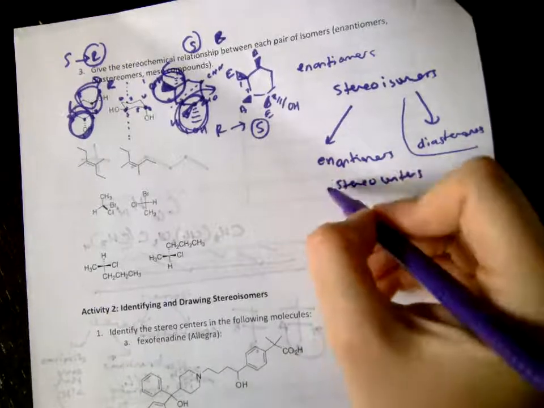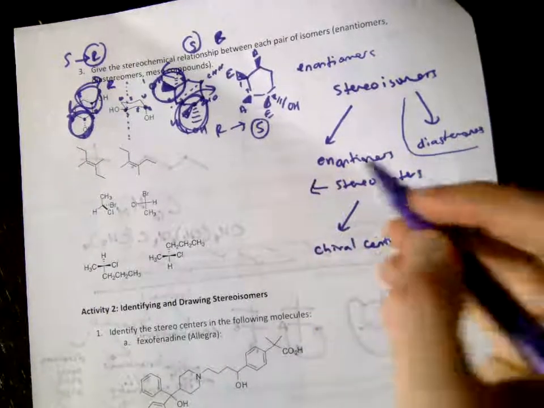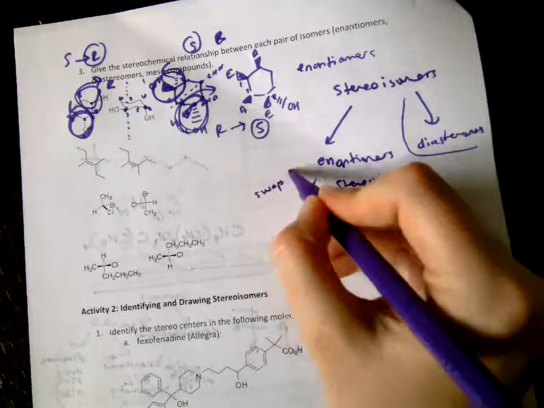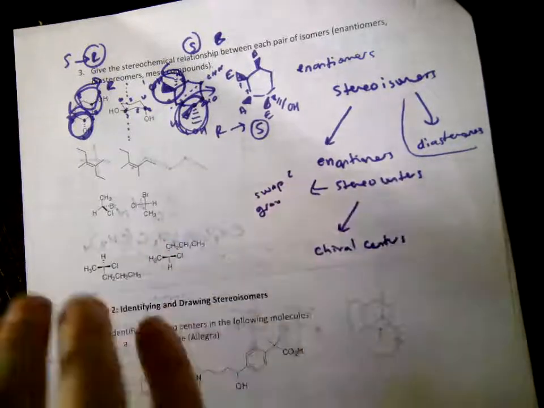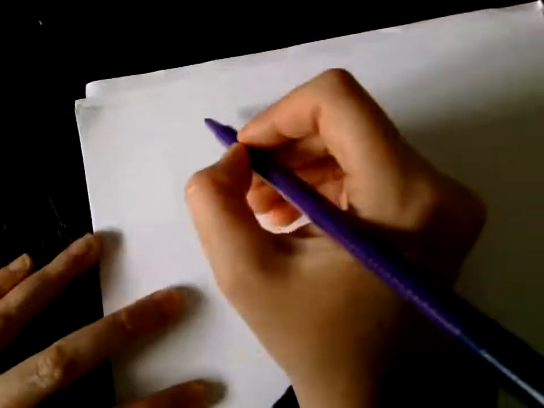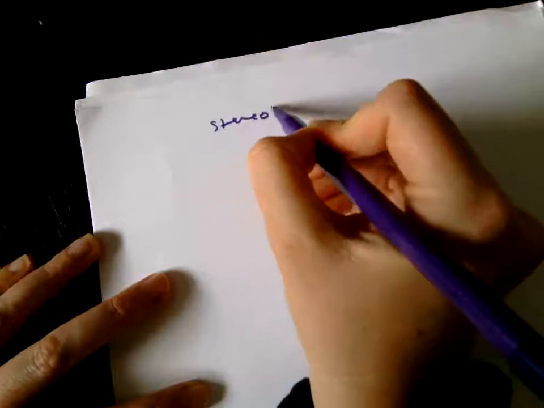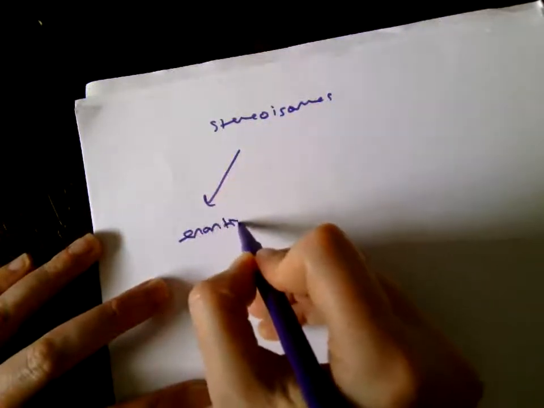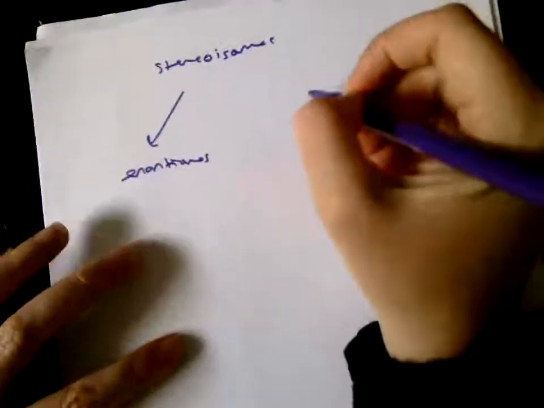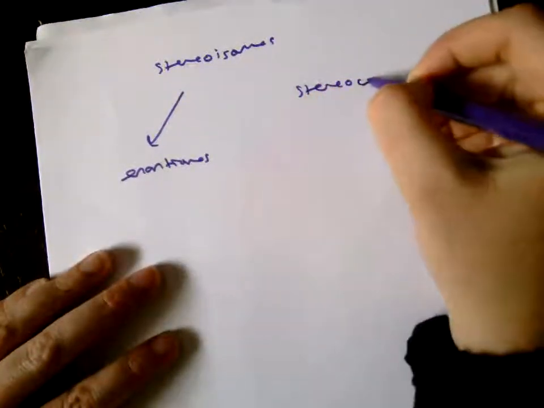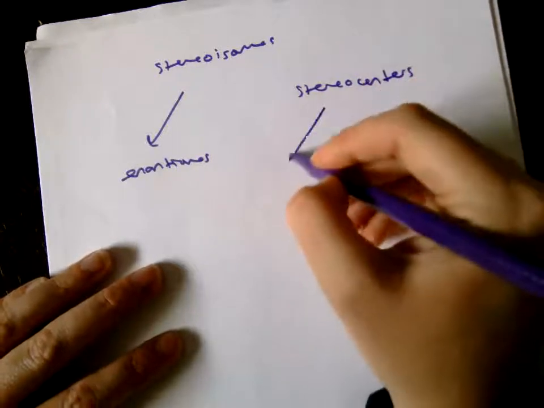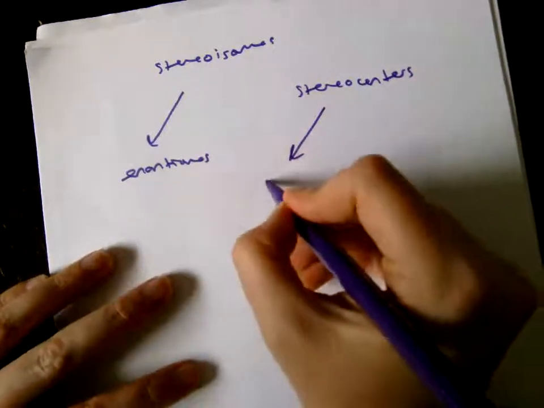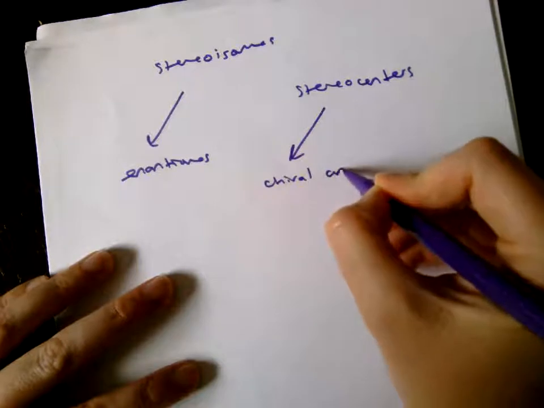A stereocenter is broadly referred to as swap two groups. Actually, I want clean paper for this. Let me find a fresh sheet of paper. Here we go. Okay, stereoisomers, and there's enantiomers. And then there's similarly stereocenters or stereogenic centers, and more specifically chiral centers.